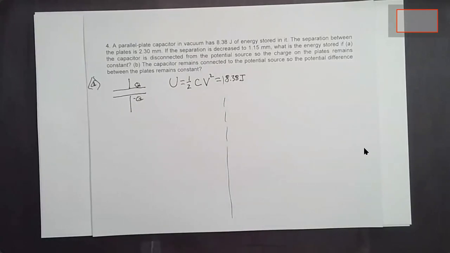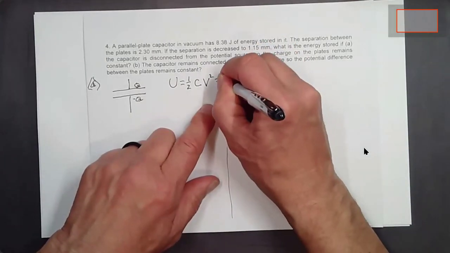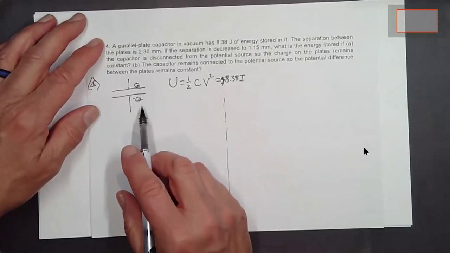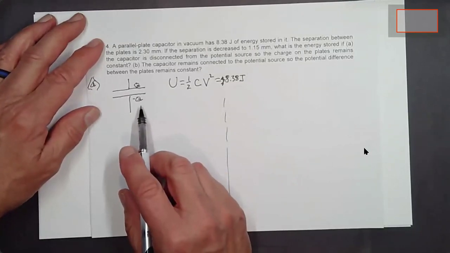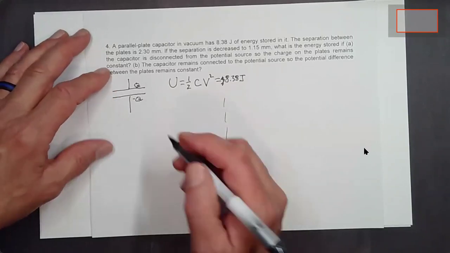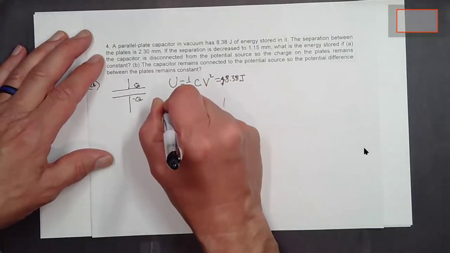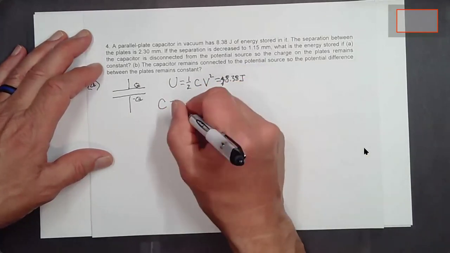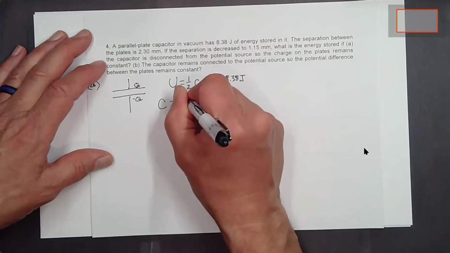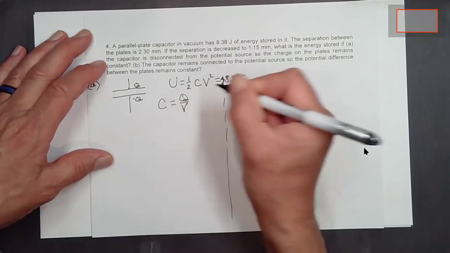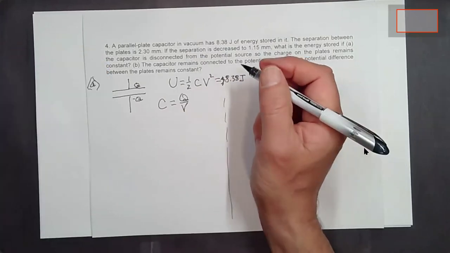That's not 18.38, it's 8.38. I'm thinking of a lot of different ways that I could approach this thing. The capacitance of this capacitor, whatever it happens to be, is going to equal the amount of charge that's on it divided by the potential difference.